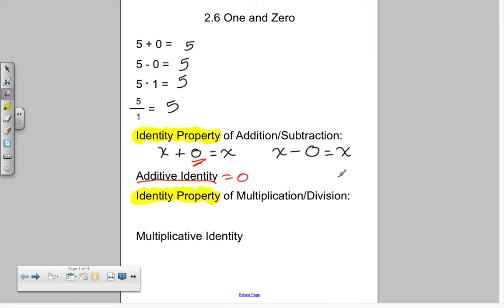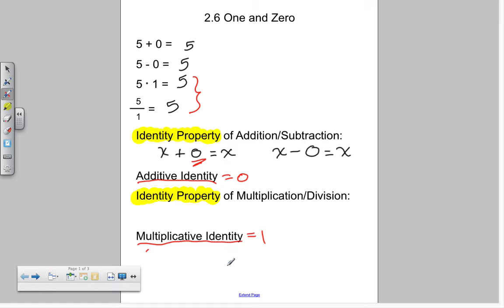Okay. So now, what's the difference of the identity property of addition and subtraction and the identity property of multiplication and division? Well, when it comes to multiplication and division, suddenly I have a different number I'm using. I'm not using 0 anymore. Now I'm using 1. So my multiplicative identity is 1, whereas my additive identity was 0.